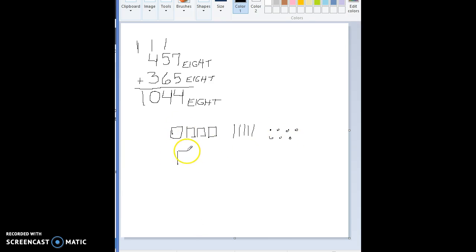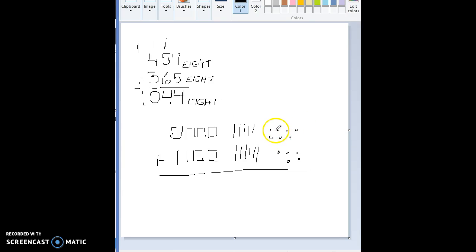And then I've got 3 flats, 6 longs, and 4 babies. So I combine these together and I have 1, 2, 3, 4, 5, 6, 7. Something went wrong here. I need 5 babies there.